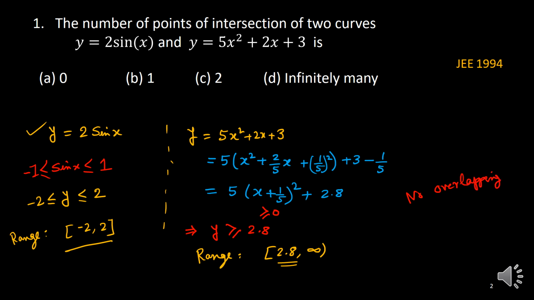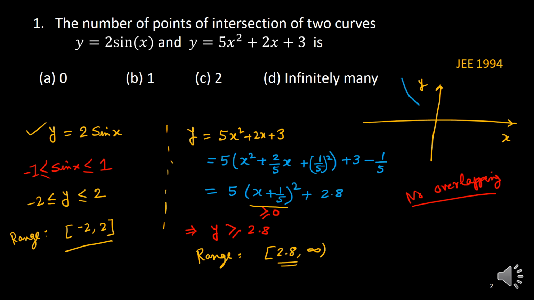If I draw the curve, it could be like this. Suppose this is your x-axis and this is your y-axis. You can notice that the parabola's minimum will be at x equals -1/5, so it could be on this side. I am drawing this part roughly.